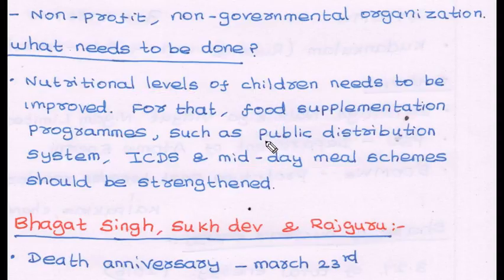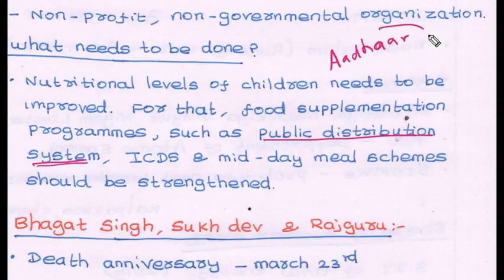In the public distribution system or PDS, there are so many leakages and the food grain meant for the poor is diverted. That's why the government is making Aadhaar mandatory to get food grains under PDS. It is one of the good steps to plug the leakages.